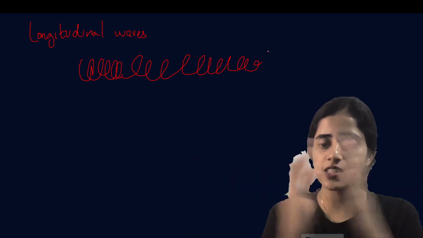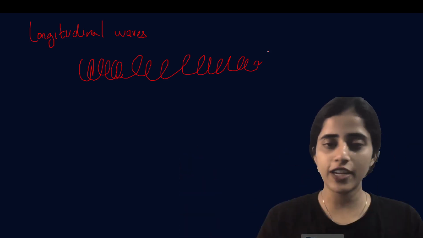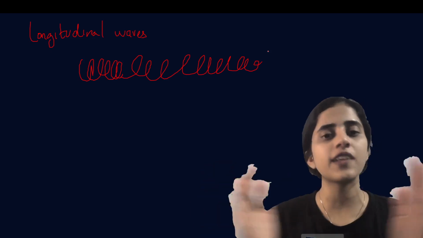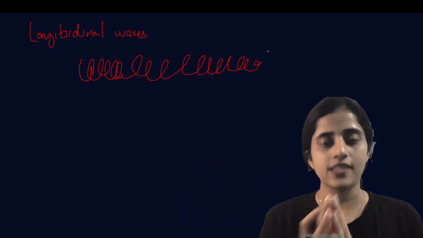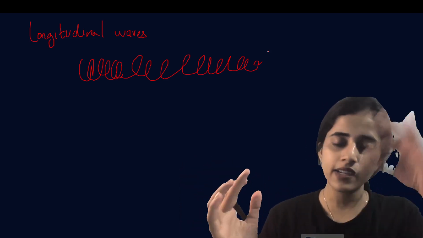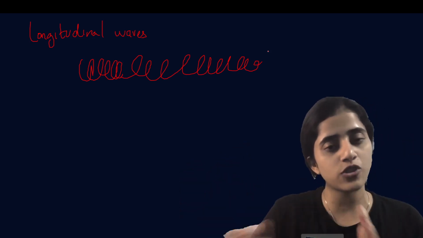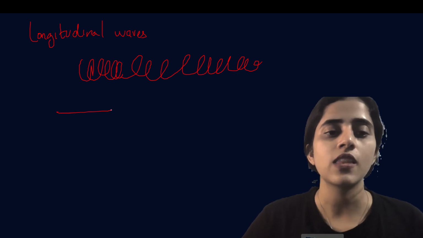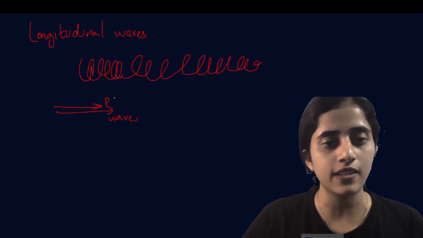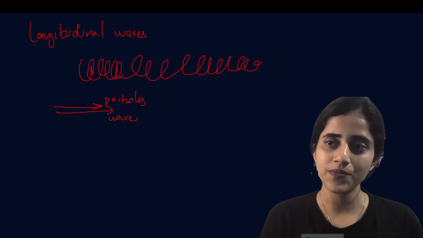If I compress the spring, it moves in which direction? Left to right. Now, each particle in the spring is also moving left to right, isn't it? So the whole wave is moving left to right. No particle in the spring is moving up and down. The particles in the spring are also moving left to right, which means the whole wave and the particles are moving in the same direction.